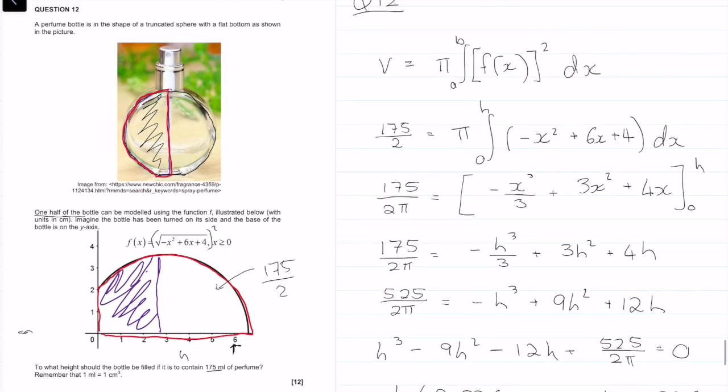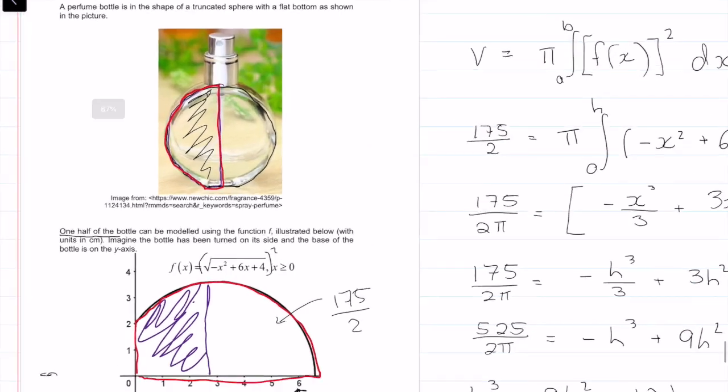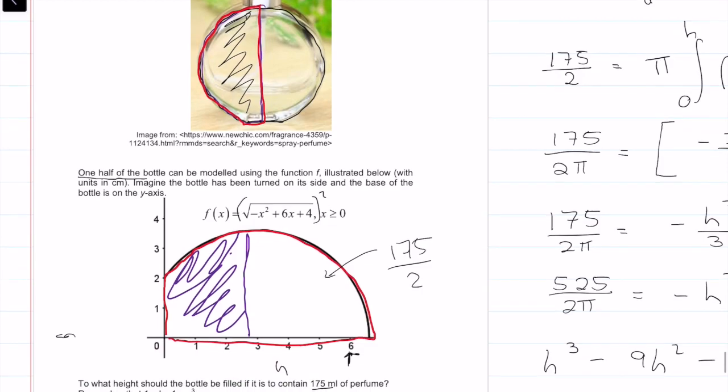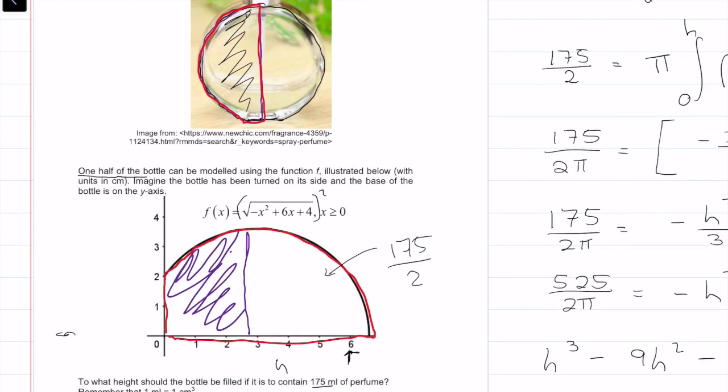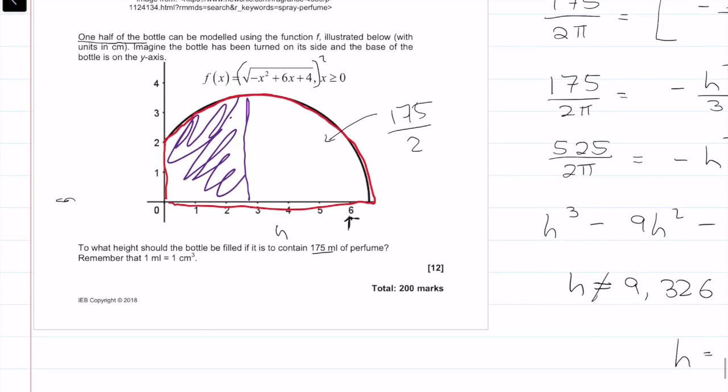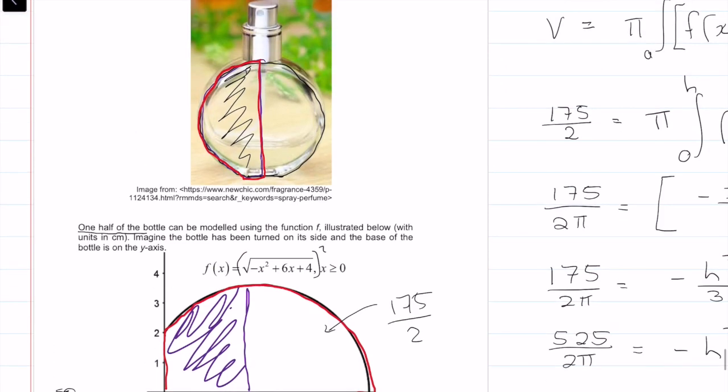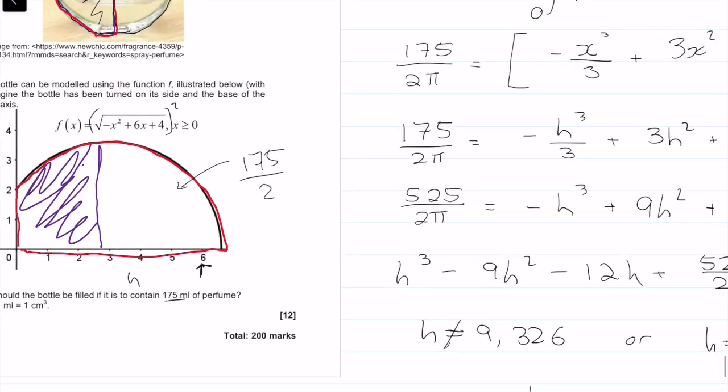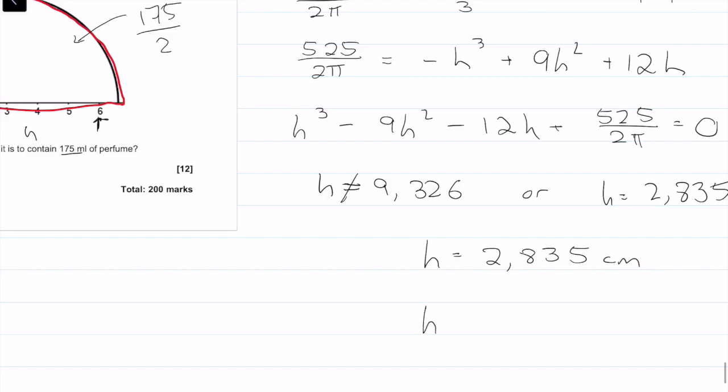If you're following in the worked memos, what I think they've forgotten to do is divide the volume by 2. They've forgotten that they're only looking at half the volume. So if you're following the memo, the answer is going to be double this, which is 2.835 times 2, approximately 5.